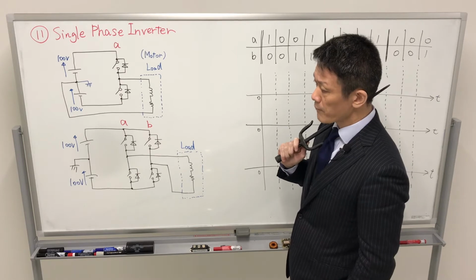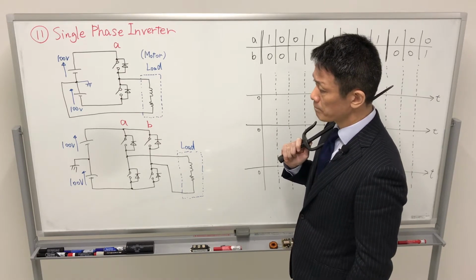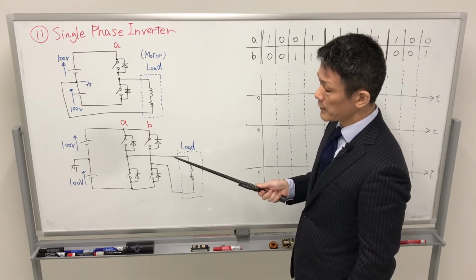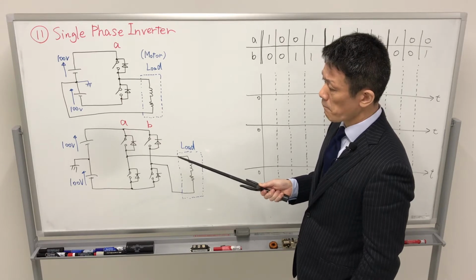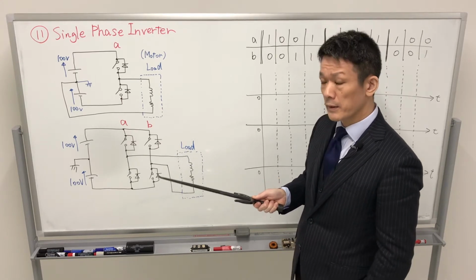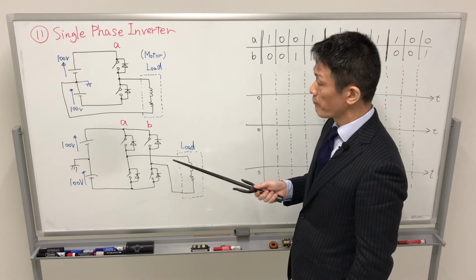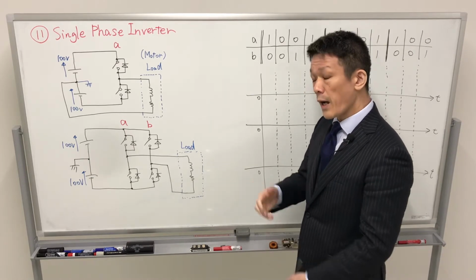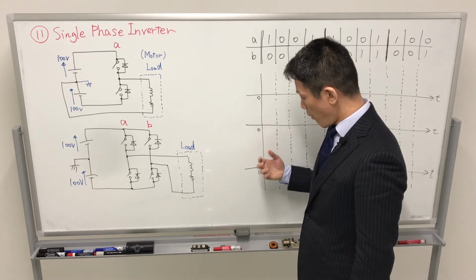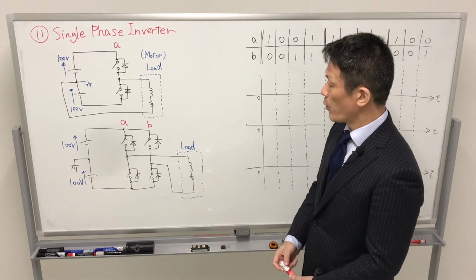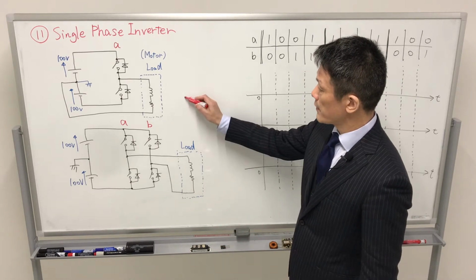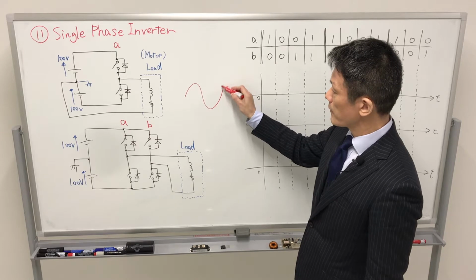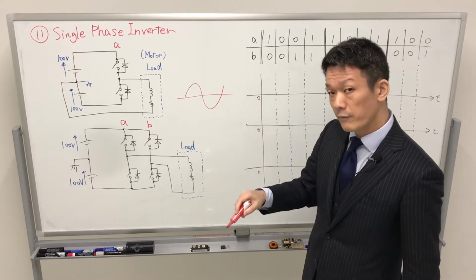Today we will discuss the single phase inverter. Single phase inverter means for the output power line we can obtain the AC current.